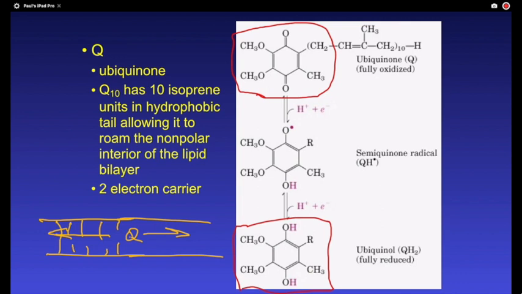But because of this very large tail, we're still hydrophobic enough to be dissolved in there. You will accept 2 electrons and carry it as 2. You can accept one electron and have a radical, but most of the time what we're going to have is two electrons are going to be carried in the Q.